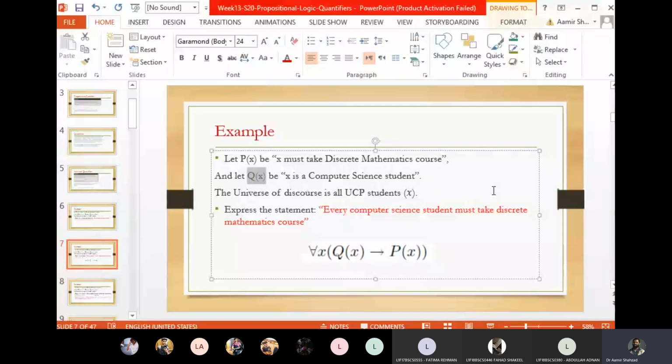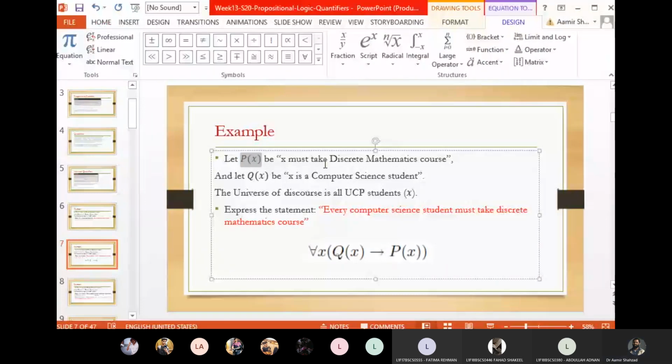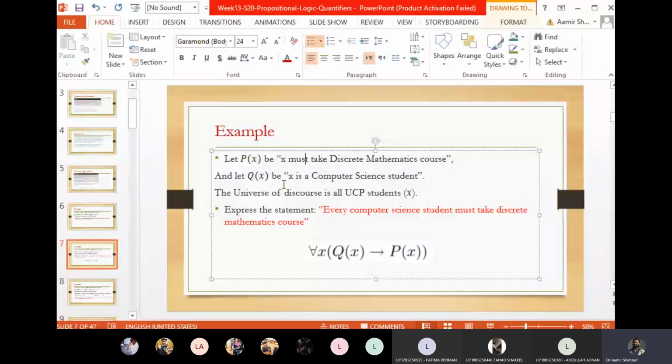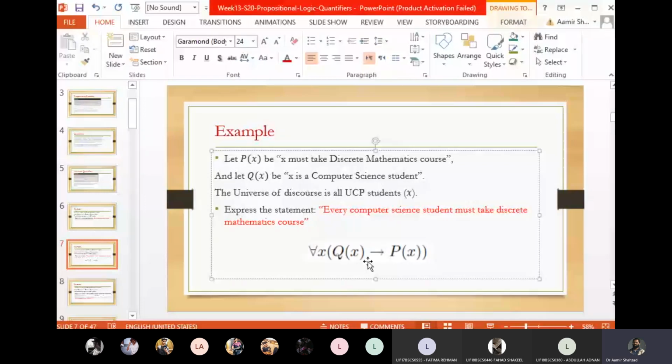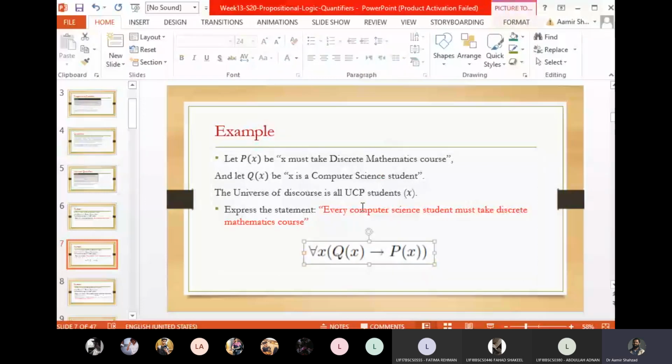And then we should also tell about p of x. P of x is x is going to take the discrete math course. X must take the discrete math course. So when we define these three things, then we can write it down like this. The statement will be complete by defining the variables and then expressing the statement in mathematical notation.